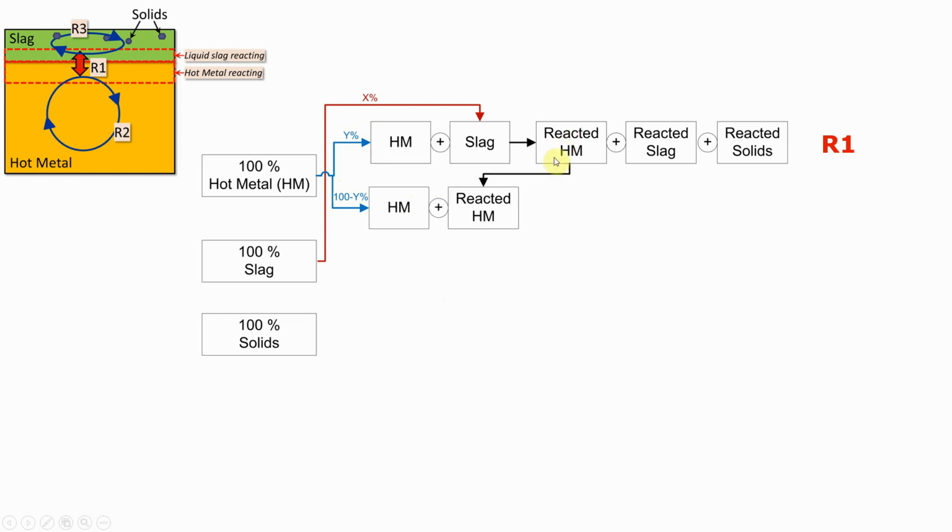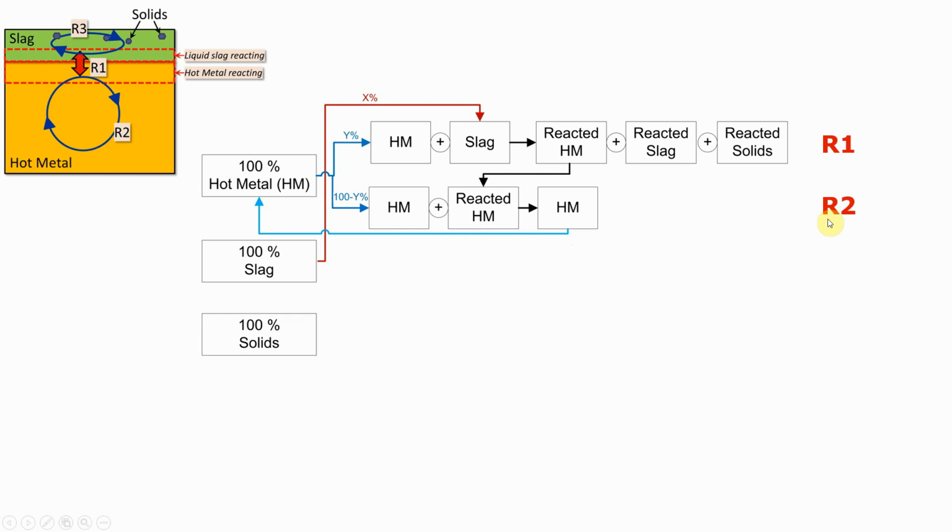So we take the reacted hot metal from here, all of it, and then we put it in the second reaction. From this reaction, we make a new hot metal or bulk hot metal stream, okay, here. That will replace the bulk hot metal at the next time step, and R2 is completed.